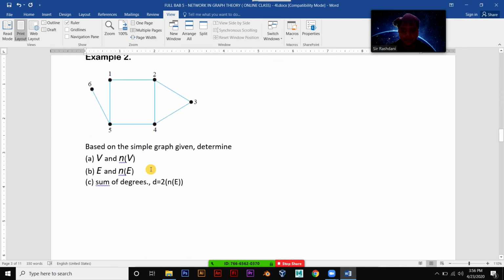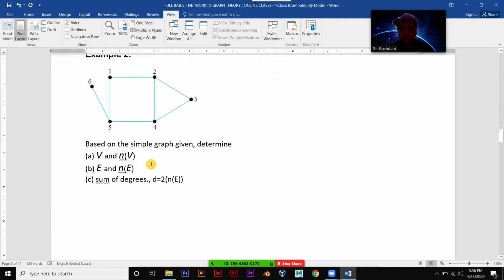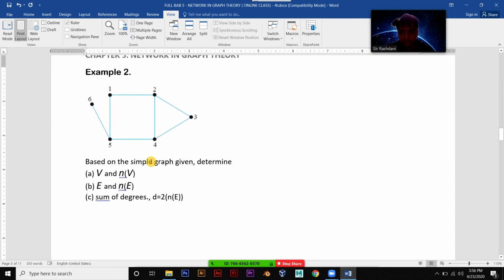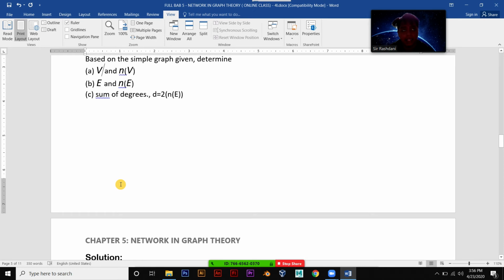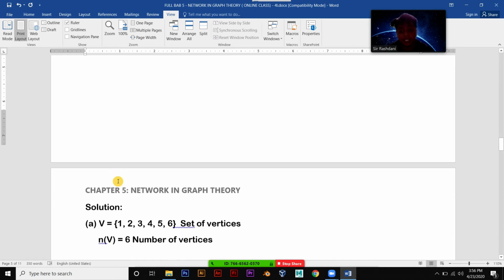How do we solve this? First we need to look at the graph, and then we need to state the vertices. How many vertices are there in this question? There are 6 vertices, so you just list them like you did in the previous chapter on sets.